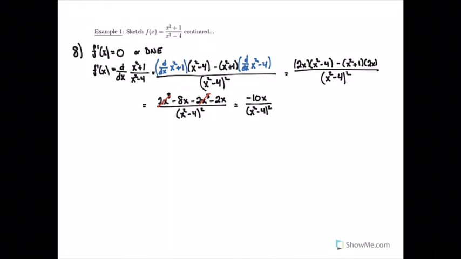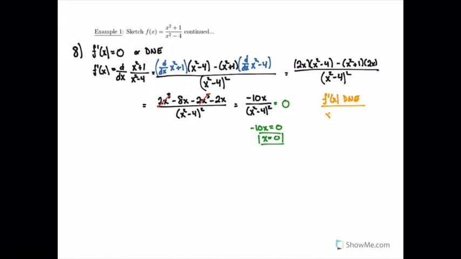So that's our derivative. We want to find when this derivative is equal to 0. That's going to be when negative 10x is equal to 0, or at the point x equals 0. And we also want to find when this derivative does not exist.